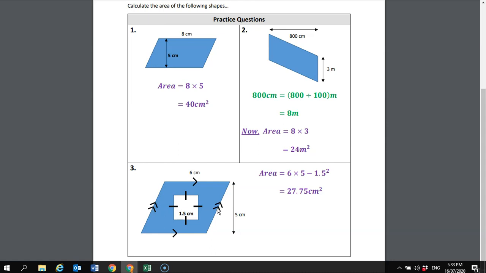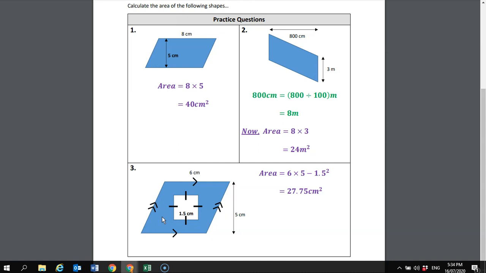Okay, so it's not a pushed over square, it's a pushed over rectangle. Okay, and we have a hole in the middle which is a square because we have one line, one line, one line, one line, and they're all 1.5 centimeters. So it's 1.5 by 1.5 by 1.5 by 1.5. So that's a hole that's been cut out of a parallelogram.